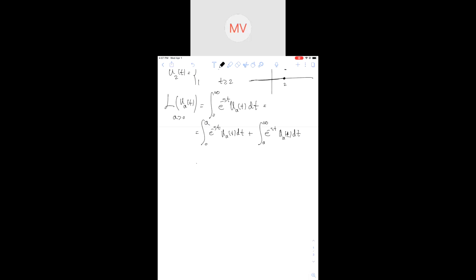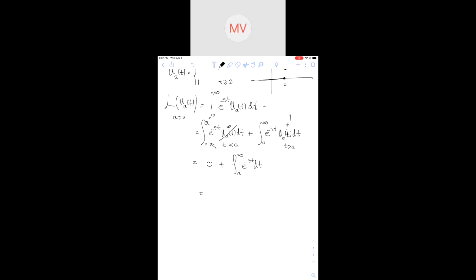Good, we have no lags. But when t is less than a, u of t is 0, so that entire integral is 0. And when t is bigger than a, it is 1, so you're dealing with the integral from a to infinity of e to the negative st dt. Simple as that, and we know how to do this one.